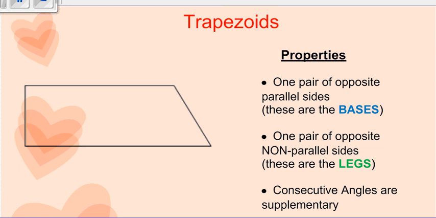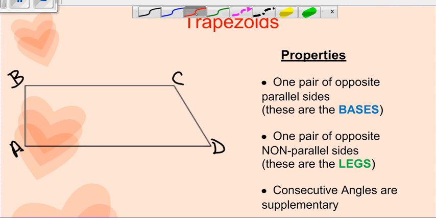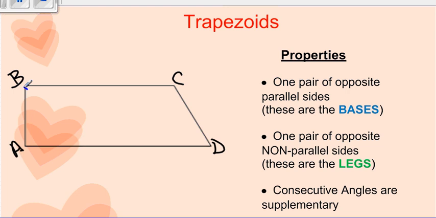So if we're looking at this trapezoid here, I'm going to label it A, B, C, and D, so we can talk about some of the pieces that are key to a trapezoid. So it's again going to have one pair of parallel sides, and these are known as their bases. So I'm going to highlight them in blue.